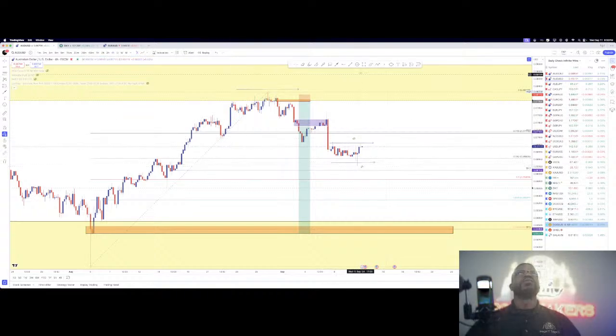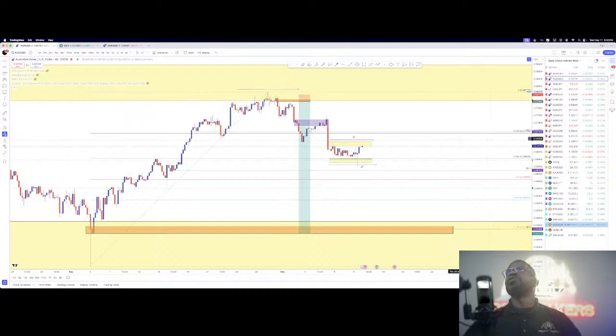Liquidity performing above and below. Okay, let's set some alerts on AUD USD.